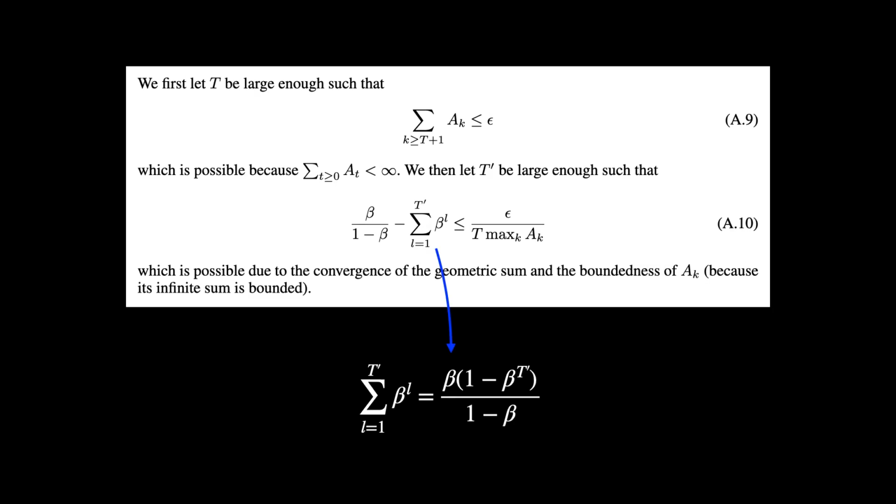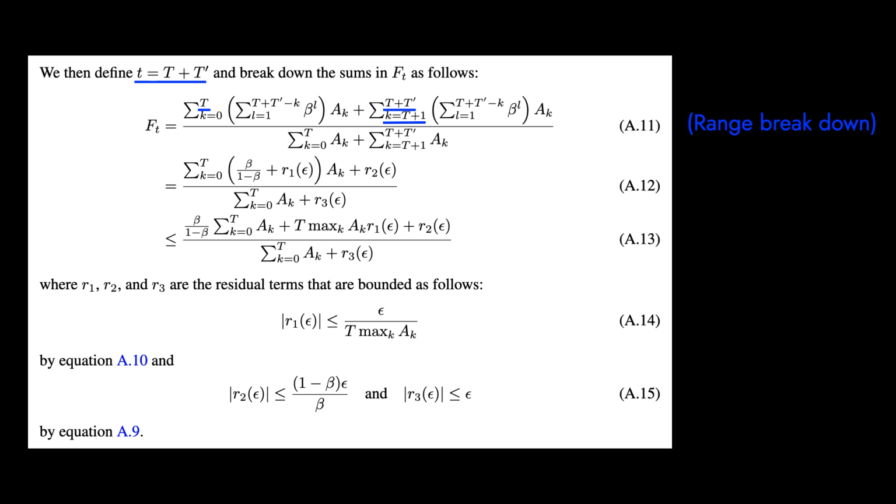To prove it formally, we bring in A9 and A10, the condition of a_k and the residual of the geometric sum. The first step is to break down the range of t with a large T and T prime. The inside of the parentheses is just a rewritten form.